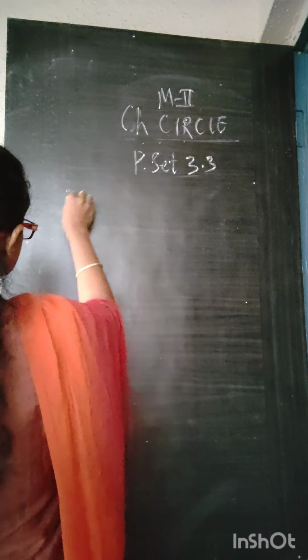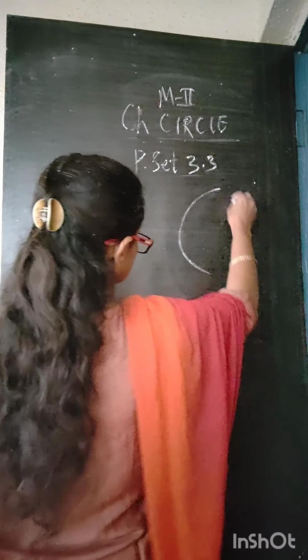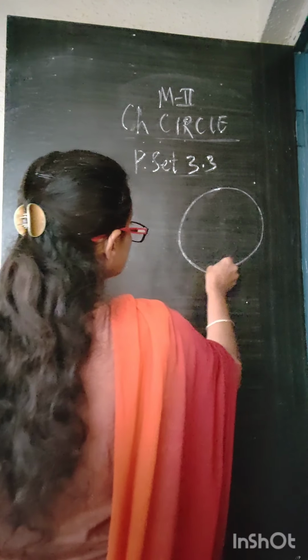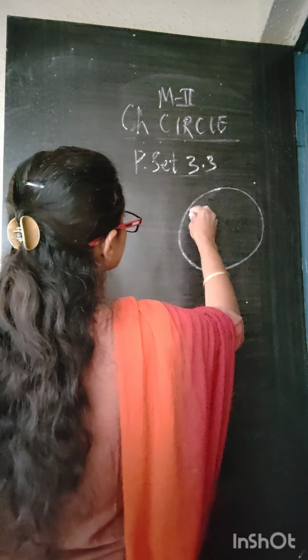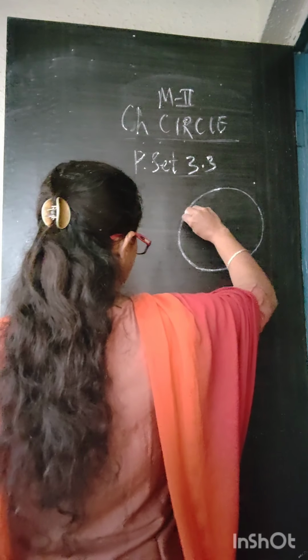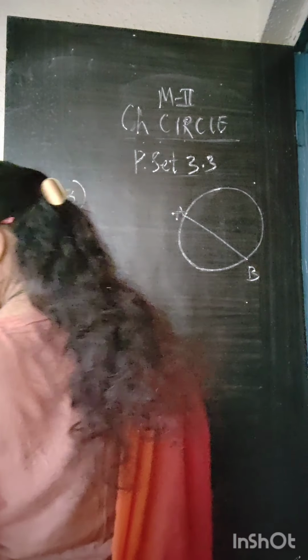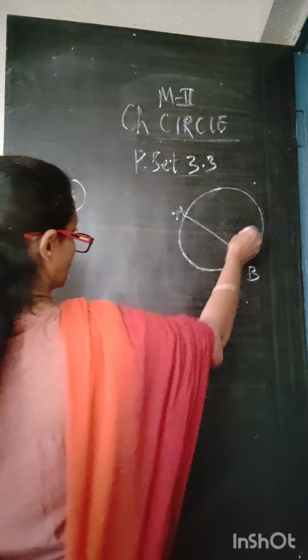The third question is given the figure having two chords which are congruent, that is AB and CD. So this is the AB chord, and this is the CD chord.